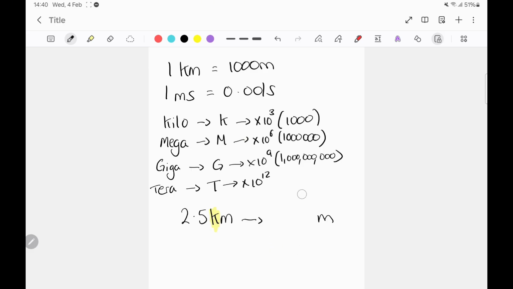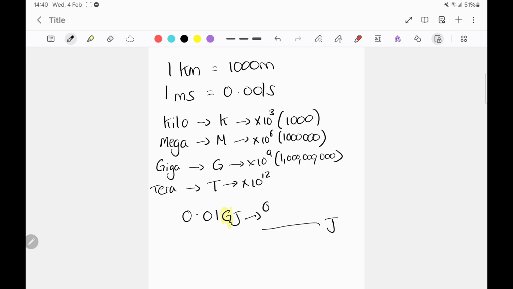Another example, let's use giga. Let's say I had a number and I said that is equal to 0.01 gigajoules. I'm just using joules as the unit for energy. If I want to convert this into a number with just joules, I need to convert giga into its multiplier. We know giga is times 10 to the 9.